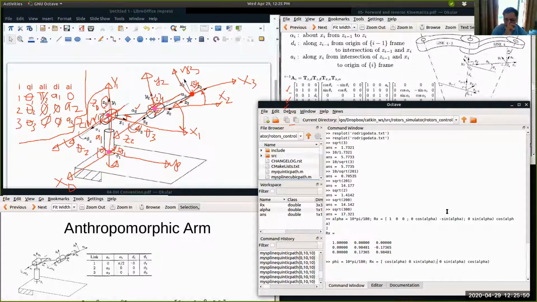And the second row, not alpha, but this is phi. About y, so that's 1, and this is phi. And then the third row is sine of phi, 0, and cosine of phi.